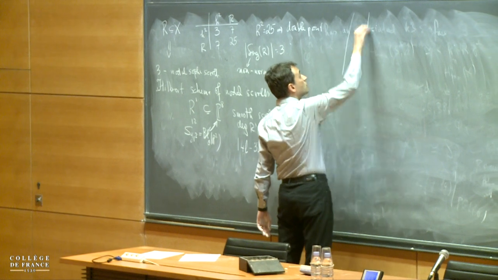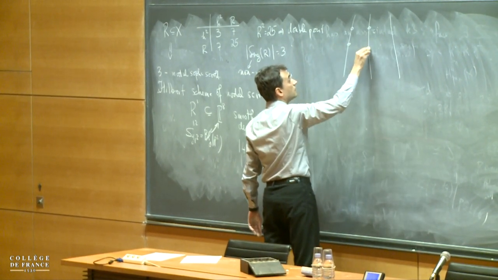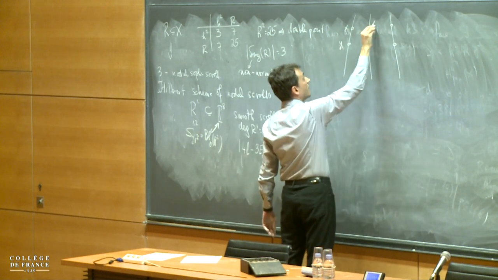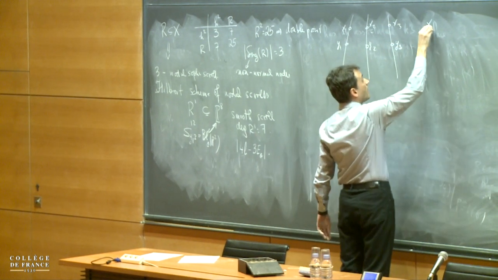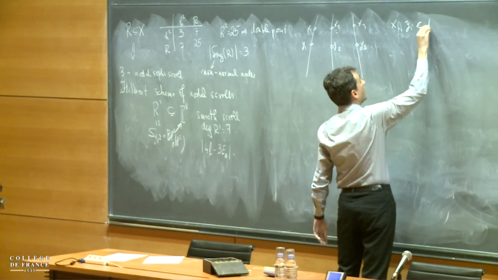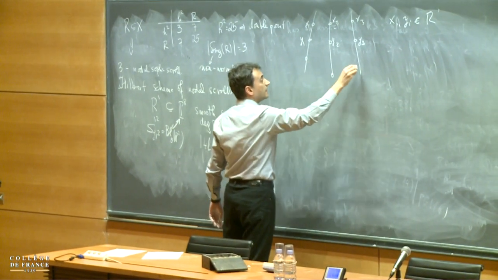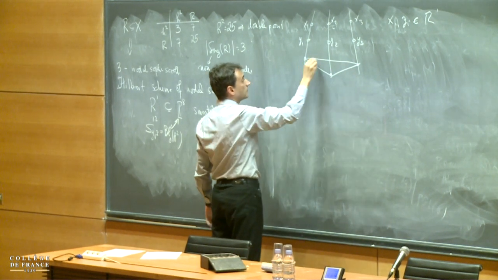Well, I choose points x1, y1, x2, y2, x3, y3. So xi and yi are points on R prime. And then I choose further points. So these are points on the secant variety. And then I form this 2-plane.